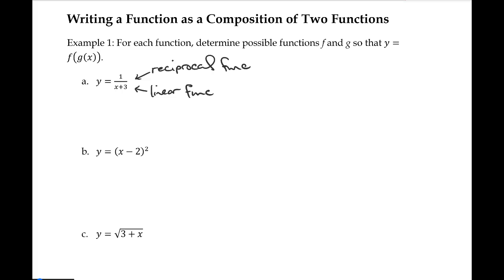So knowing that, when I go to break this apart, the reciprocal is the bigger function. It's the one that the linear function is nested into. So given the fact that g is inside and f is outside, that's how I would assign it. So I would say f of x would actually just be the 1 over x idea, just the reciprocal. And g of x would be just that linear function, x plus 3.